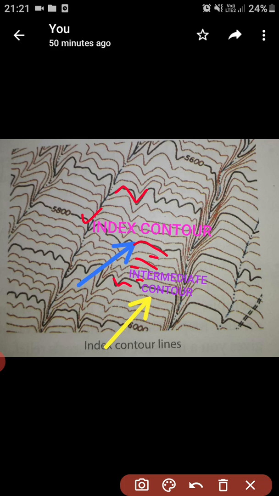Index contour is in bold color, its elevation is written on it, and it often occurs at intervals. Intermediate contour lines are the lines which lie between two index contour lines.